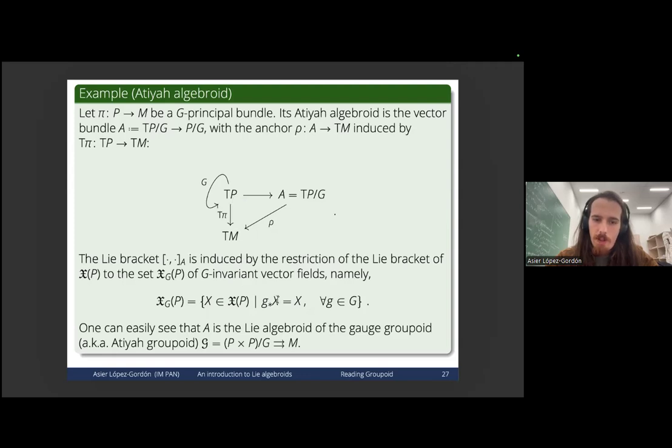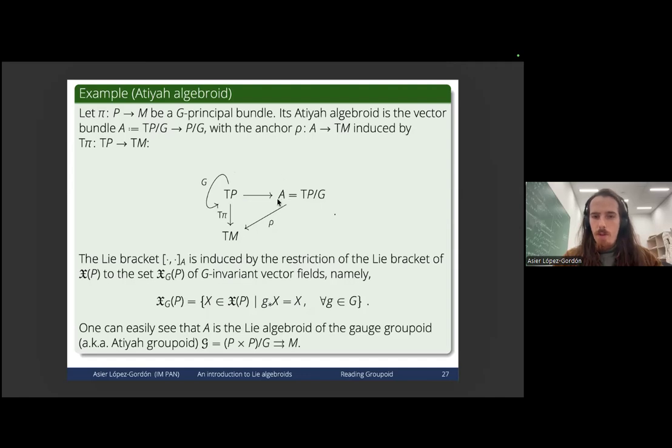By properties of the push forward and the Lie bracket, as we have seen before in other contexts, the Lie bracket of two G invariant vector fields will also be G invariant. So we can quotient by the action of the group and obtain an associated section of the algebroid, or vice versa: we have a section of the algebroid, and as a representative, we choose an invariant vector field.